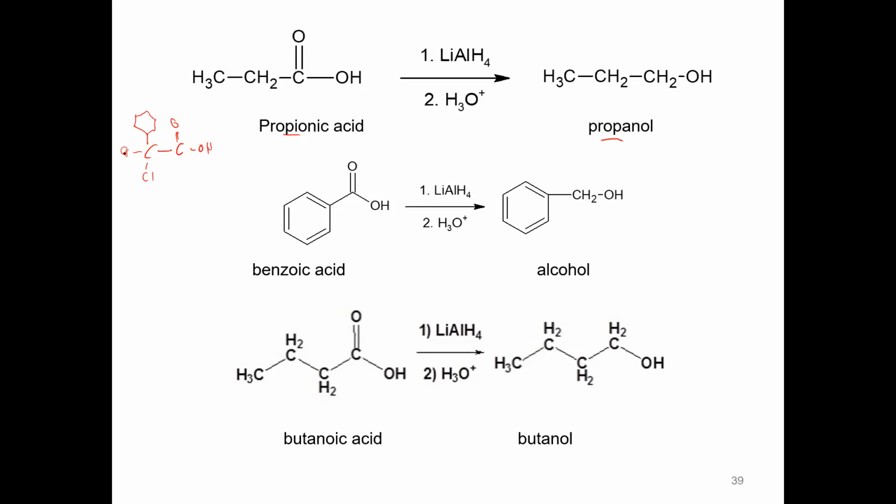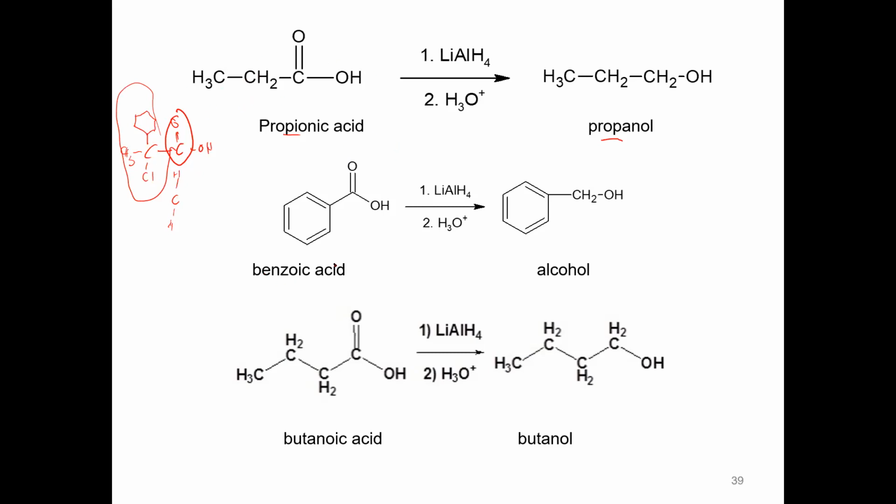Lepas tu ada CH3. Okay, so sama. Apa yang berlaku dekat sini, tukar jadi H. So yang lain ni follow je lah, grup alkyl atau substituent yang attached to the propanol acid tu follow je.